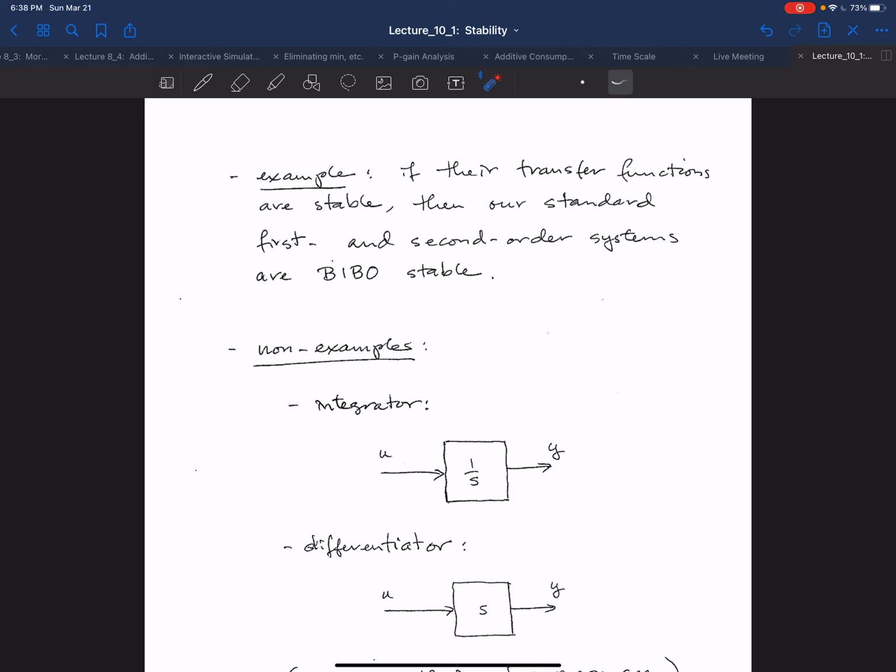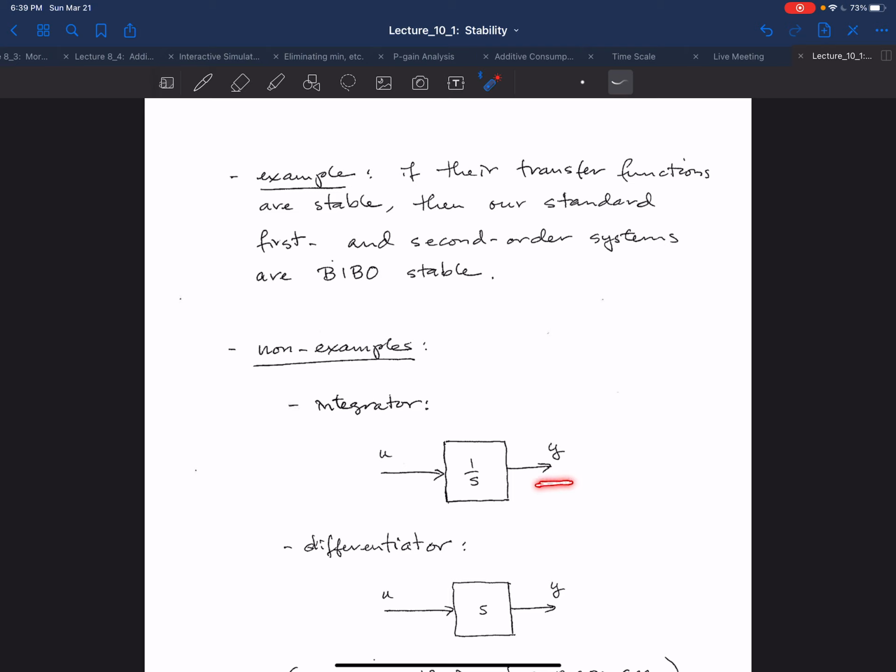Well, one simple example would be a step input. If the input is in the form of a step, suppose it's a unit step for simplicity, then we can set m equal to 1 in the definition of boundedness, and that step is a bounded signal. But what's the integral of a step?